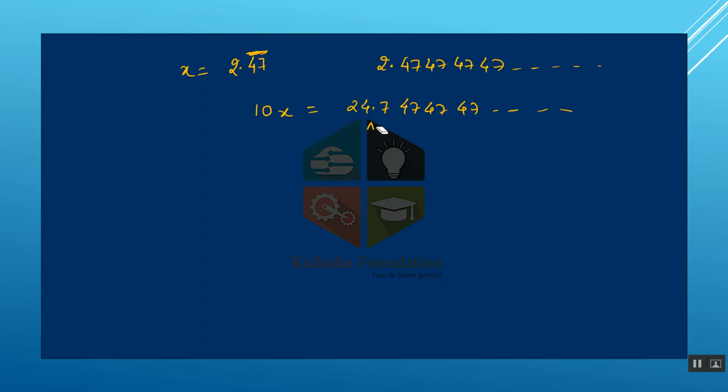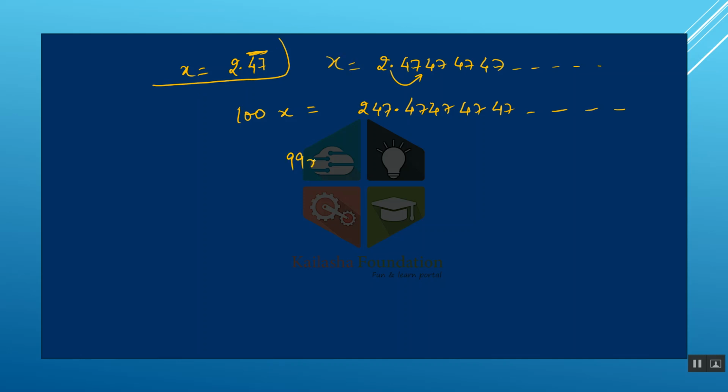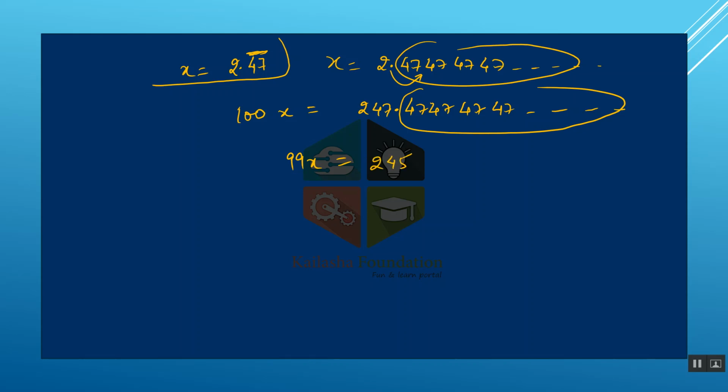So instead of 10x, we multiply by 100. 100x, the decimal shifts 2 places, 247.474747. Can we write another 47? Yes. x is equal to this, 100x equal to this. So when we subtract, 99x will be equal to 247 minus 2, that is 245, because this part is the same and cancels out. So x will be equal to 245 by 99.